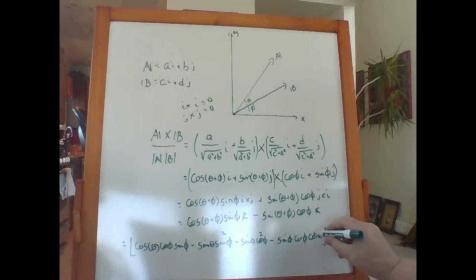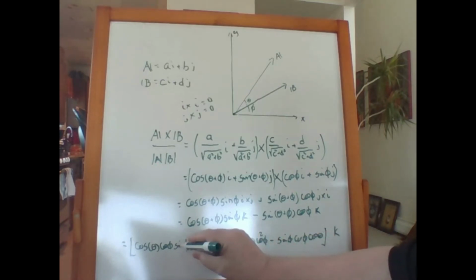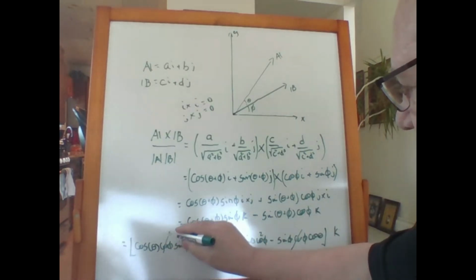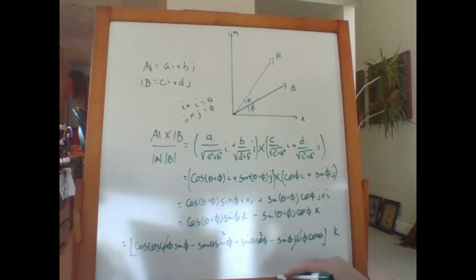Now, this term and this term are opposite, and so they cancel out. And we have negative sine times sine squared minus sine times cosine phi squared.